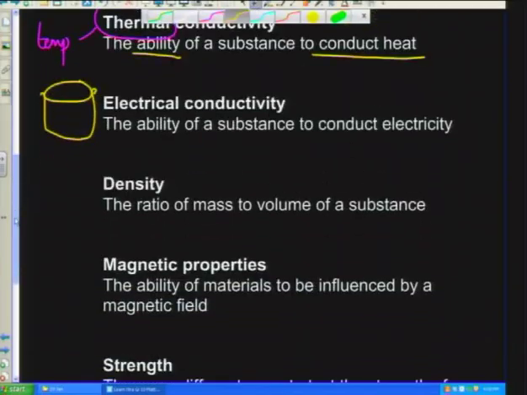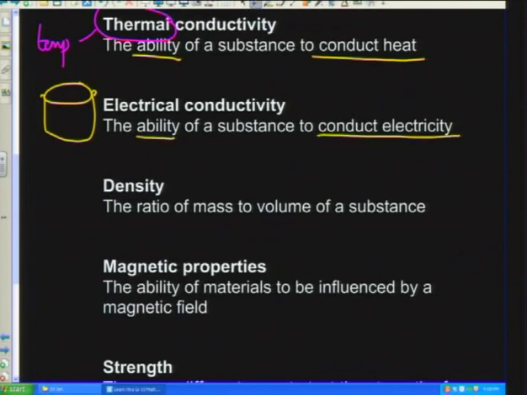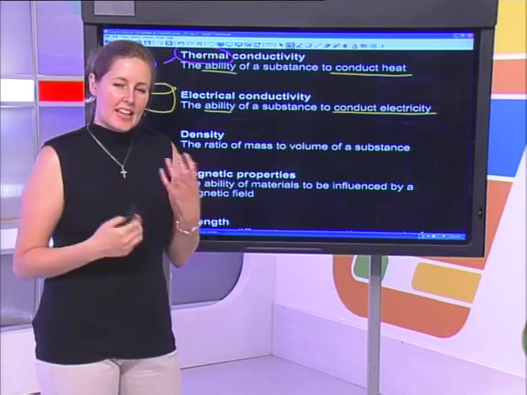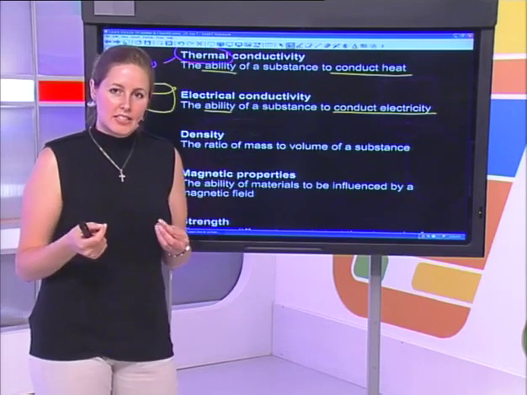Let's keep moving. Electrical conductivity. Well, again, the ability to transfer. So what do you think it's going to be? Electrical conductivity, the ability of a substance to conduct or transfer electricity. Again, I want you to start thinking about what is a good electrical conductor.